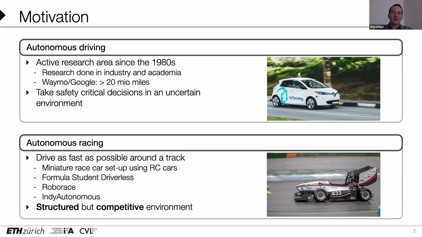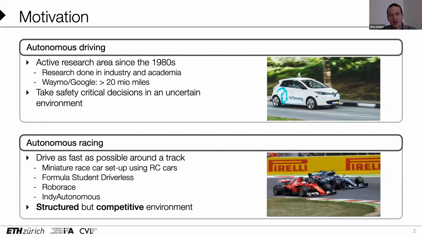Now, as a difference to autonomous driving, in autonomous racing we have a more structured environment. You have really one racetrack. There are no complicated road networks or things like that. But this environment is very competitive. Cars try to overtake you, you try to block them, and so on.